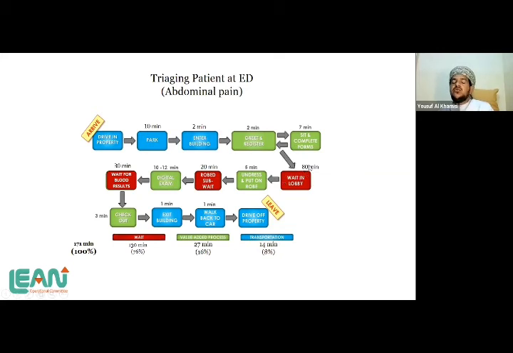So what I need to do, very simple, I will not waste my time looking at other things. I will invest my team's efforts to reduce these 80 minutes to the maximum extent I can. Then the value added time will be increased, and the non-value added time, including waiting and transportation, will be decreased.